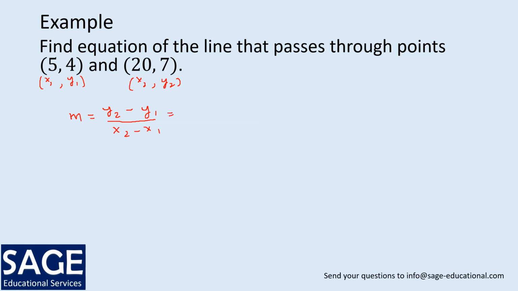So y2 is 7 minus 4, and x2 is 20, and x1 is 5. So I have 3 over 15, and that simplifies to 1 over 5. So I know that the slope of this line is 1 over 5.